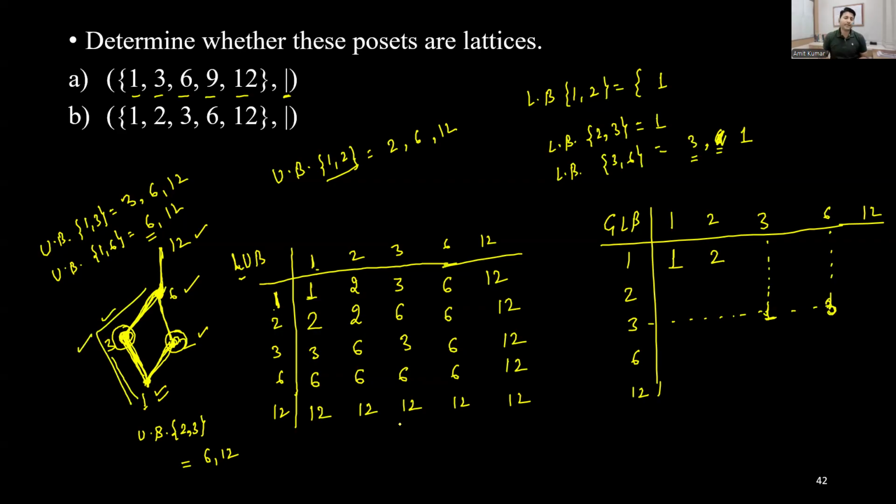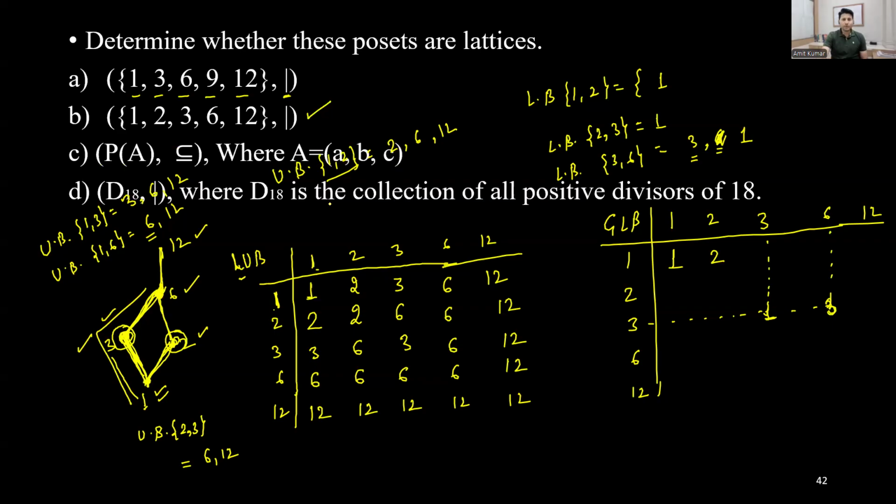The concluding remark: since the given set along with the given relation is a POSET, the first condition is satisfied. Also, for every pair of elements in the set, supremum and infimum exist. Hence, we can say the given structure is a lattice. So this is how we can check whether a structure is a lattice or not.